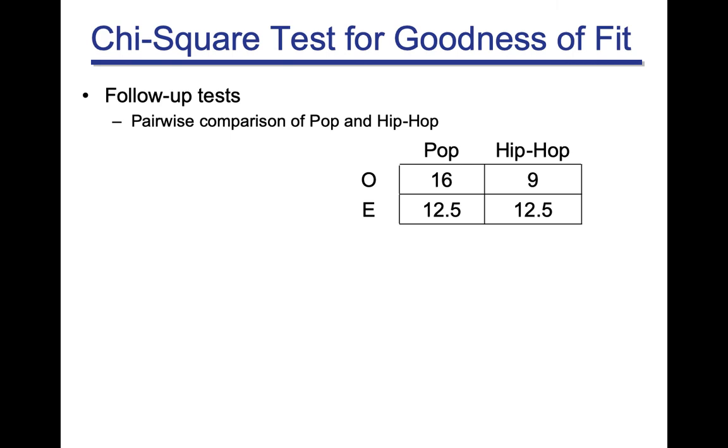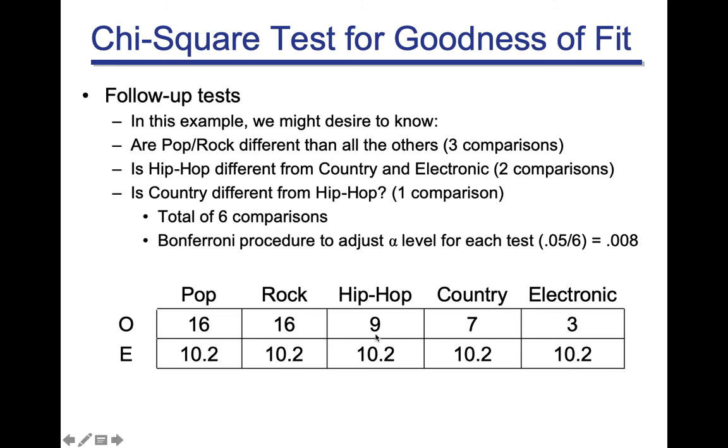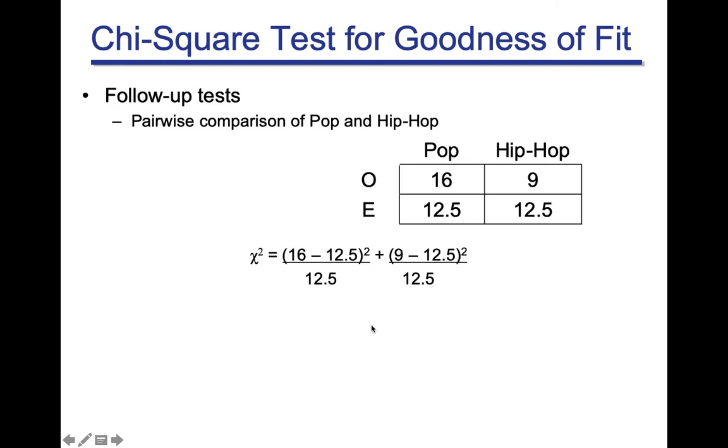So this would be an example of one pairwise comparison where we're just going to take pop and hip hop. Going back to the original cells in the design, we're going to ask, do more people prefer pop versus hip hop? Now there's one important adjustment, which is that we need to adjust our expected frequencies.